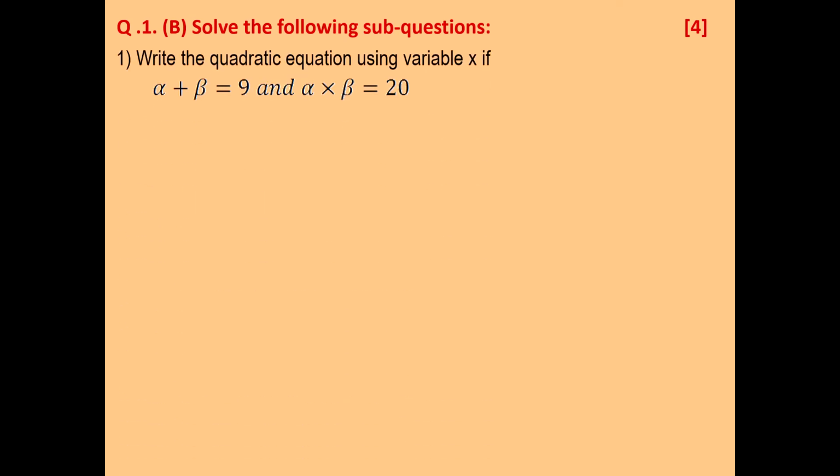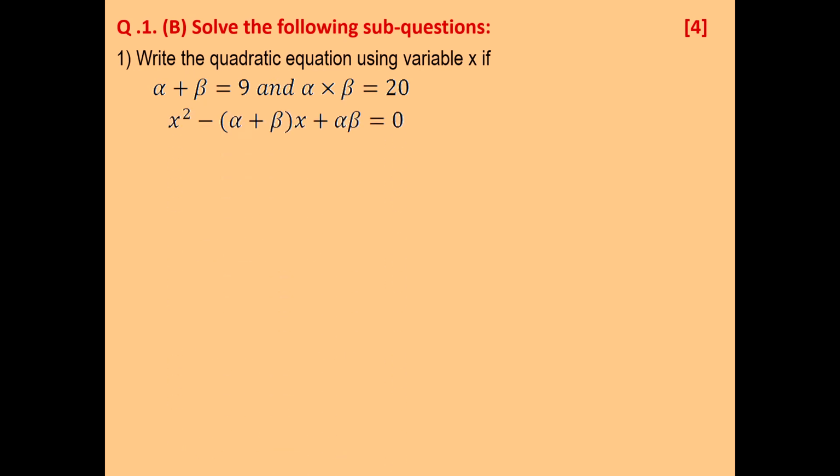Let us go for question number 1B. This is also 1 mark each question, 4 questions. All the questions are compulsory to solve. See the first one. Write the quadratic equation using variable x if alpha plus beta is 9 and alpha into beta is 20. As you know, we require 2 to 3 steps.